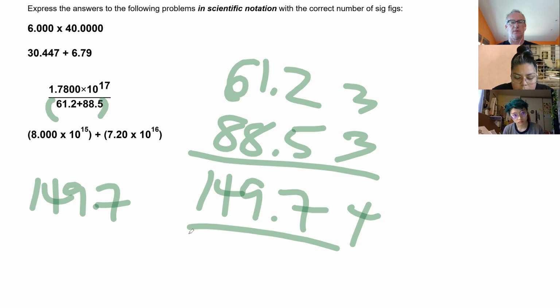Do we need the times 10 to the 17th power after? What do you mean, do we need it? Yeah, we definitely need it. Well, that is 0.01189.